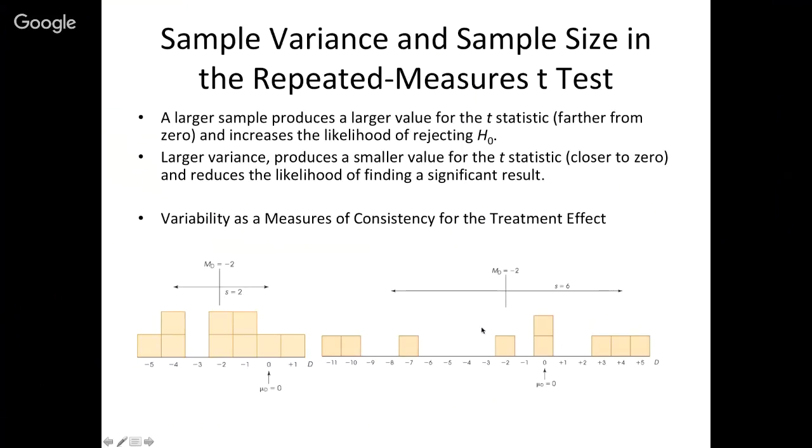But here, if we have a greater variance in the D scores, some of them are below zero, some of them are greater than zero, and their distances to zero are very large compared to the right hand side figure. Although their means are the same, which is -2, the variance is bigger here, and that means the treatment effect is not that consistent across subjects in this sample.